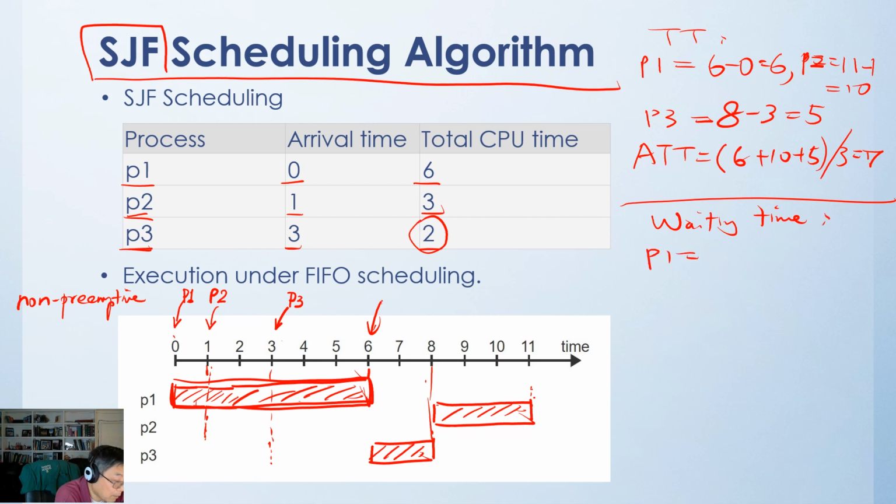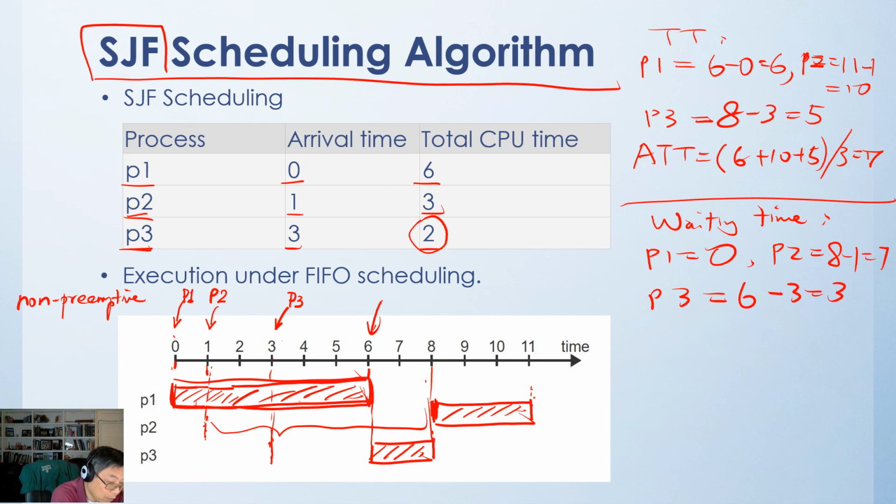P1, let's say the waiting time is 0, right? P1 arrives at time 0 and gets the CPU at time 0. P2 arrives at time 1 and gets the CPU at time 8, so it's 8 minus 1, that's 7. And P3 arrives at time 3, but gets the CPU at time 6, so it's 6 minus 3, that's 3.